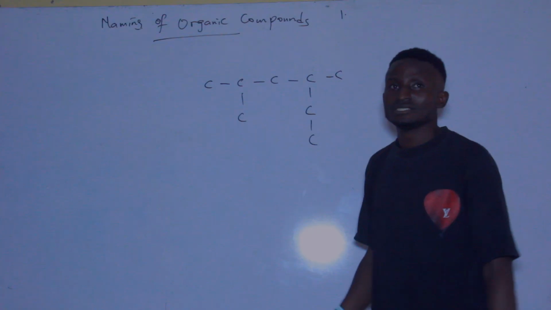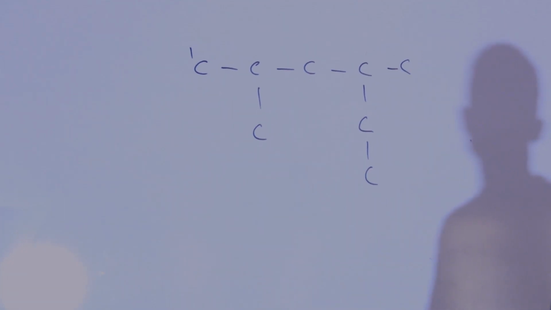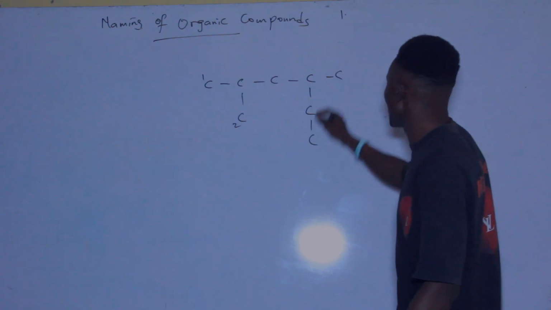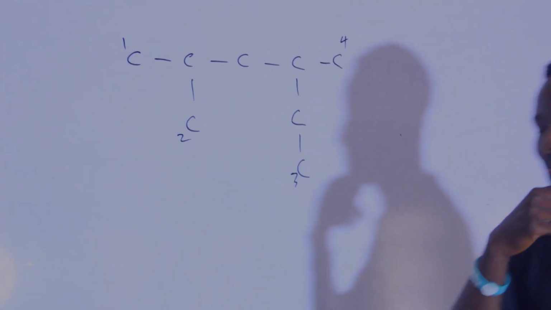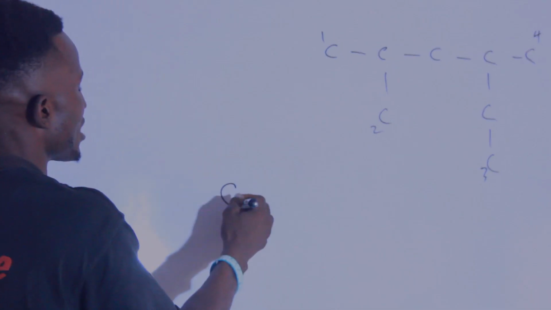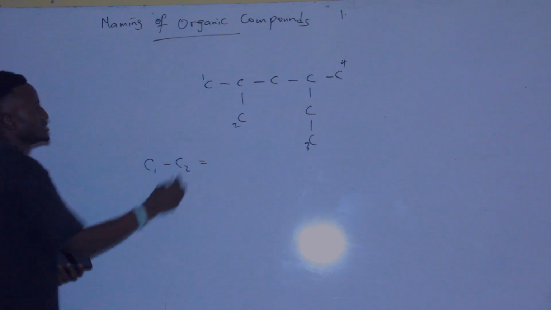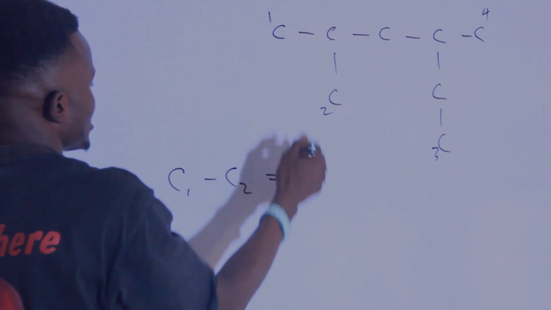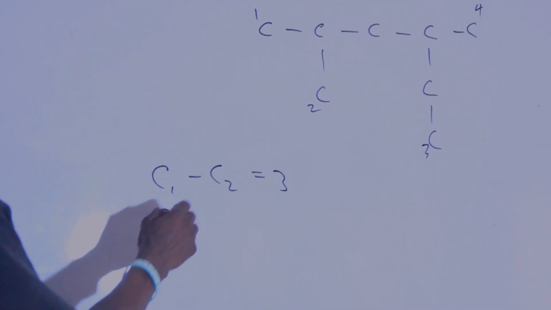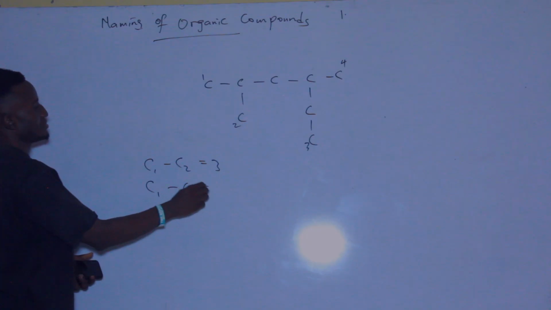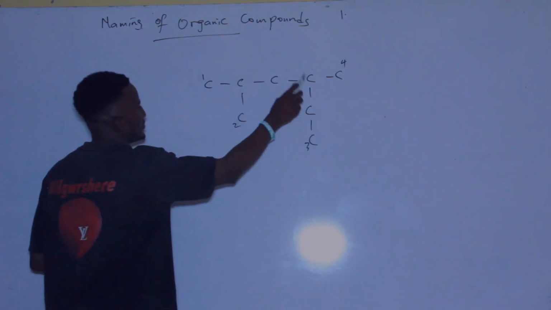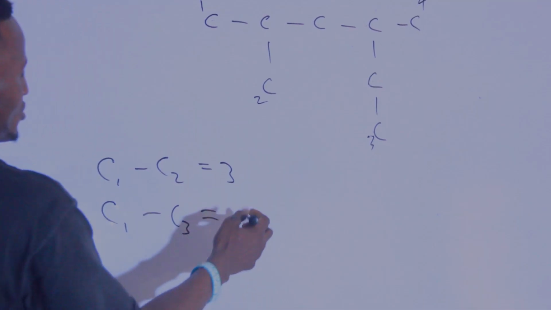Now if you see, there's one end there. Let's call this carbon 1, this carbon 2, this carbon 3, and this carbon 4. Now when you observe this, from carbon 1 to carbon 2, the number of carbons found is just 3. From carbon 1 to carbon 3, the carbons found are 1, 2, 3, 4, 5, 6, so we have 6.